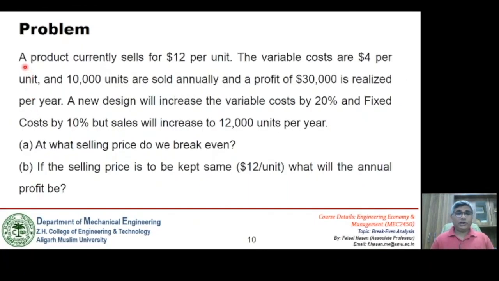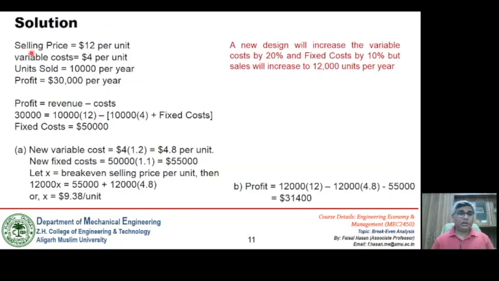The problem is like this: a product currently sells for $12 per unit. The variable costs are given as $4 per unit, 10,000 units are sold annually, and a profit of $30,000 is realized per year. So what data is given? The selling price is $12 per unit.